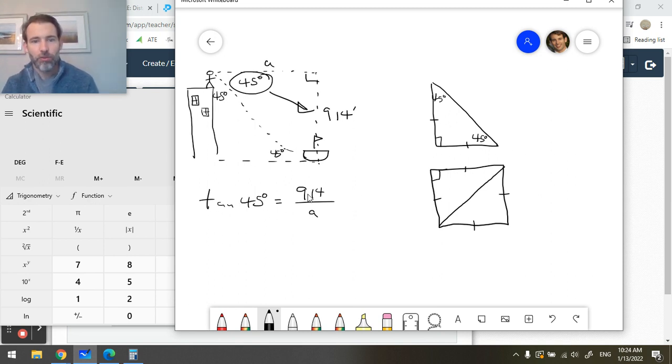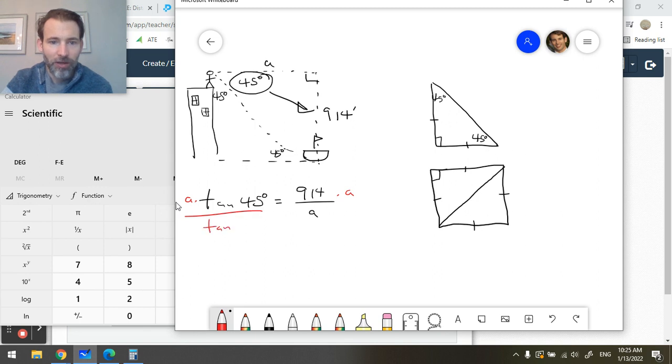So anyway, if this is 1, then I know that this must divide by some number to equal 1. Anything divided by itself is 1. So this A is 914. They're the same. The ratio is 1. But let's say we didn't know that. What I would do is multiply both sides by A and divide both sides by tan 45.